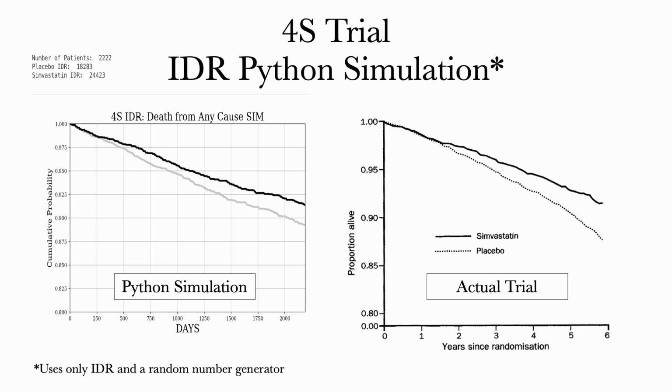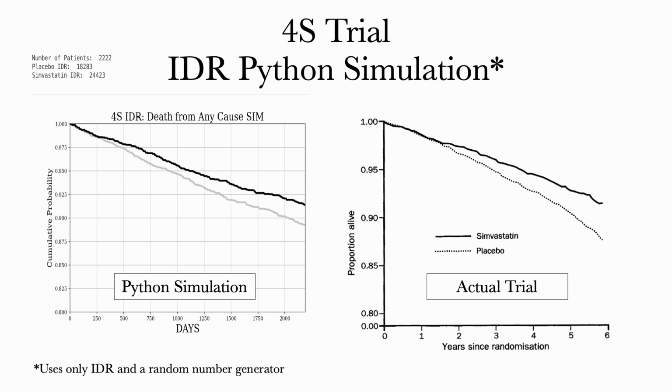Now you'll notice when we compare those results to the actual trial on the right, on the one hand, it's not exactly the same. Okay, I'll give you that. But look at what is the same. On day 0, 100% of both groups are alive. And on day 6 years out there, just about exactly the same number of patients are shown to still be alive.